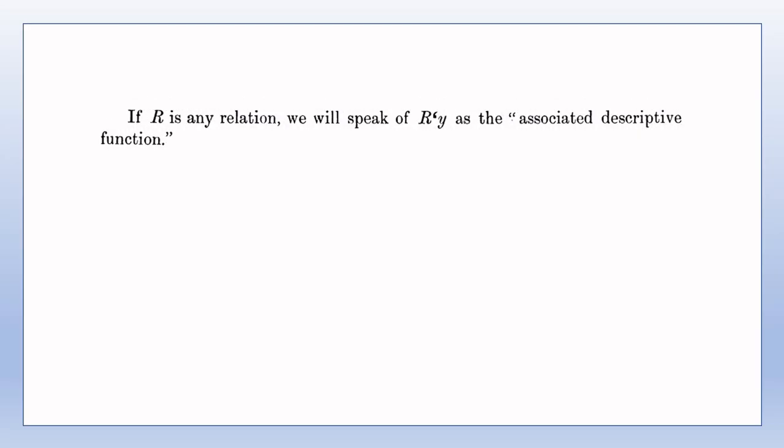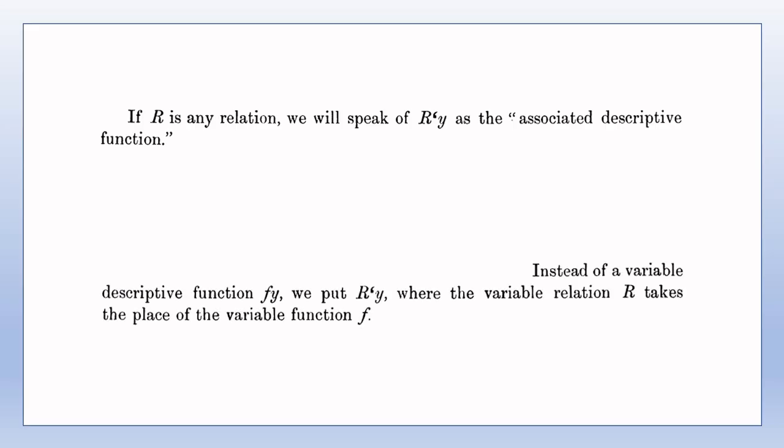Then on page 33 we read, if R is any relation, we will speak of R primed y as the associated descriptive function, and instead of a variable descriptive function fy, we put R primed y, where the variable relation R takes the place of the variable function f.